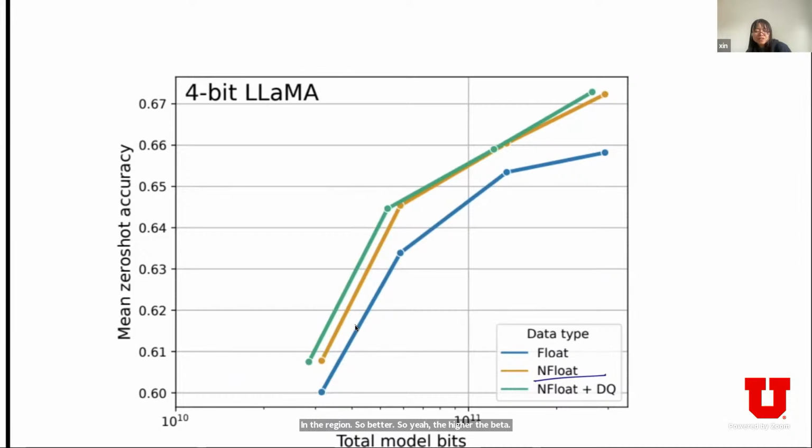So when the memory cost of the model is the same, QLoRA can perform better than the original model. And what does 4-bit Llama mean? It means that it will quantize the model weights into 4 bits.